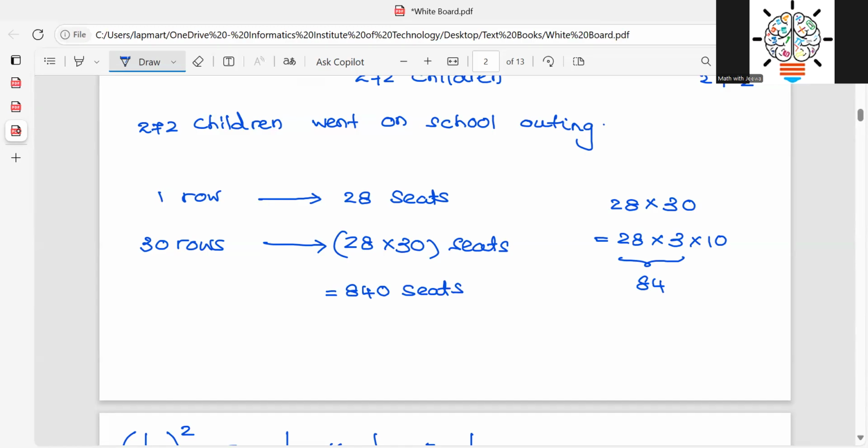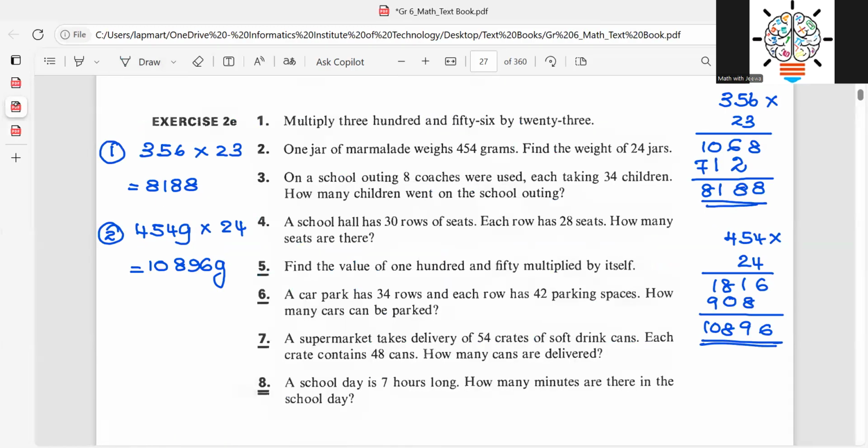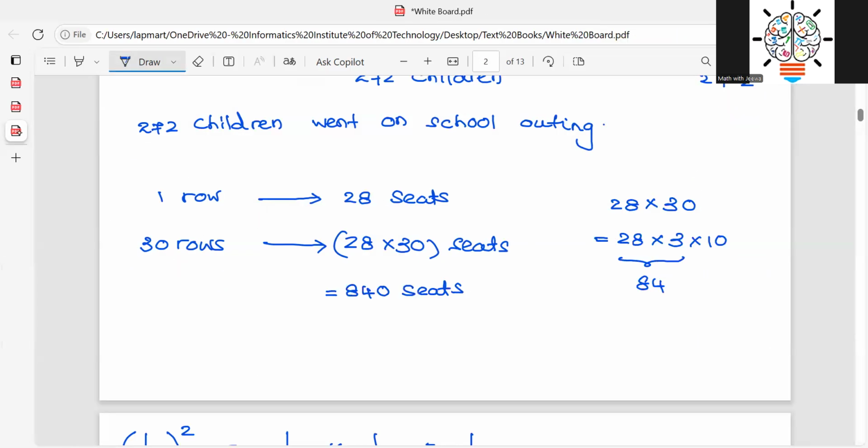So you want to conclude it: there are 840 seats in the hall, right? This is how you conclude it.